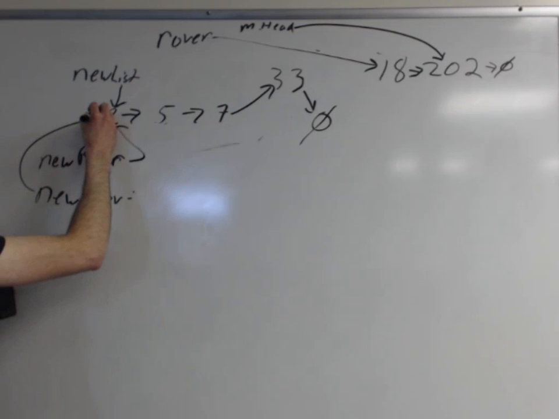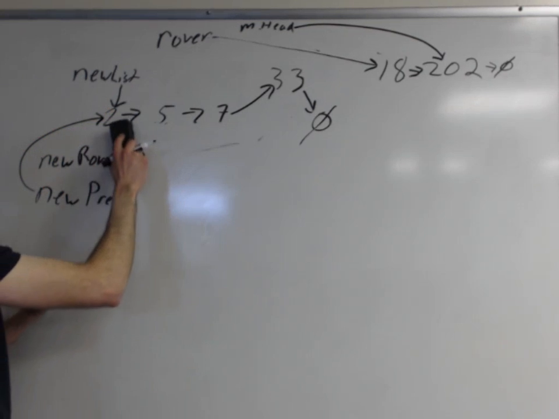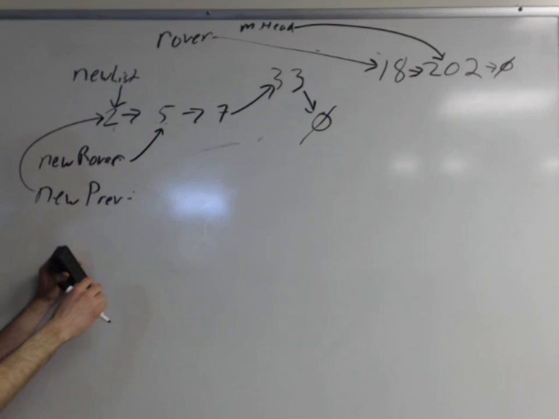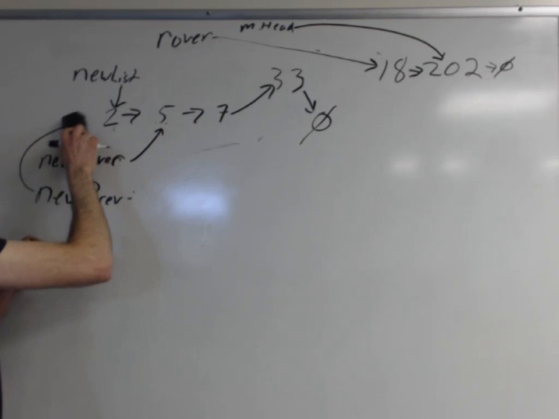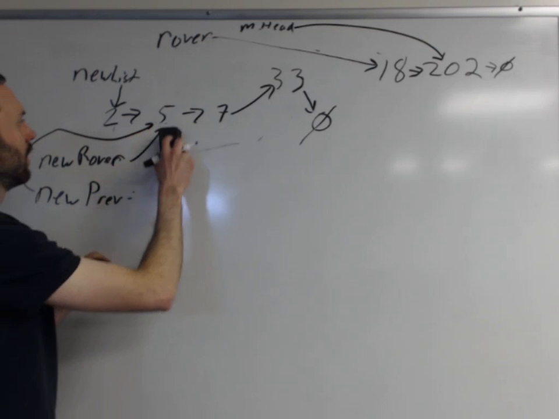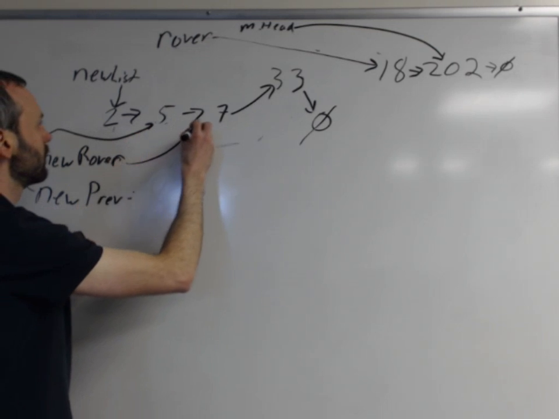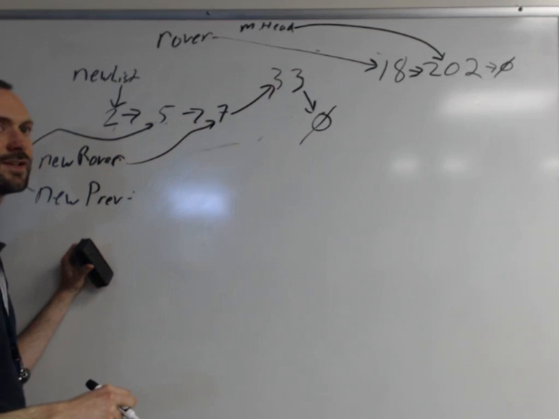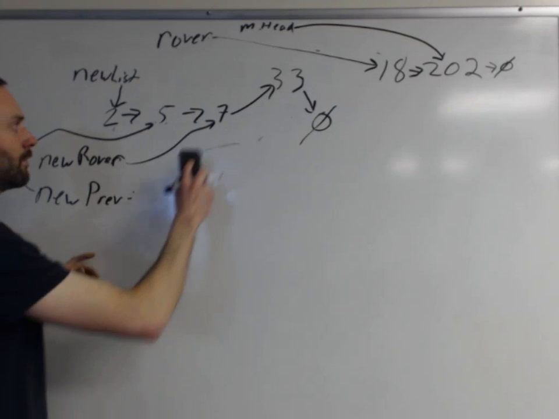I'm going to have the arrow over here for now. Point to that 2. We increment new rover to go to the 5. Is 5 less than 18? Yes. So now new rover is going to go to that 5. Increment new rover. New rover is not null, so we're going to compare the 7 versus the 18. Is 7 less than 18?